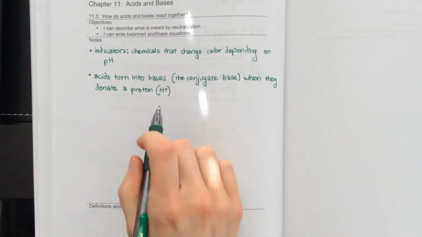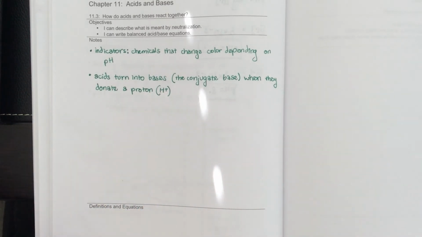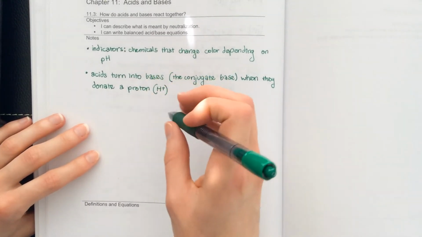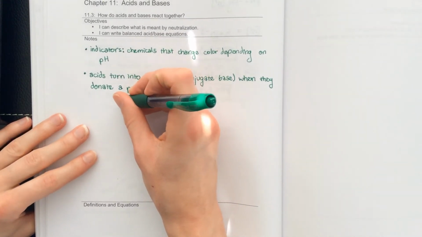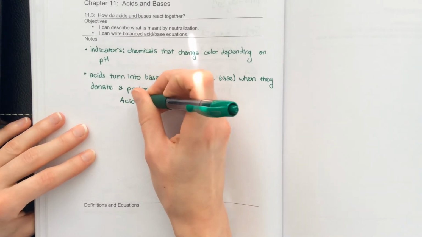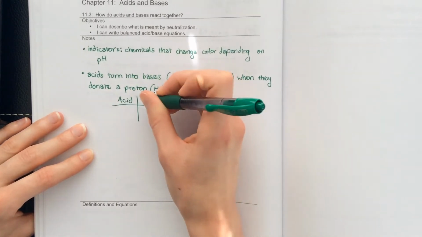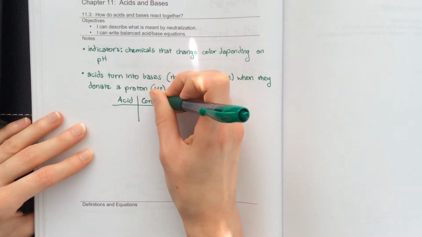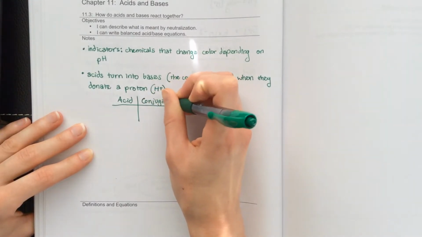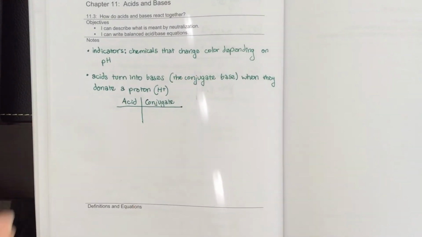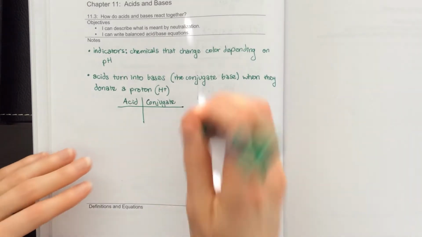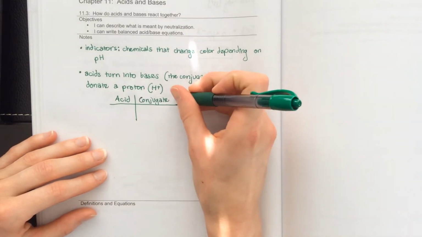So when it loses the electron, it's just a proton. We're going to make a list of some acids and their conjugate bases. Here's some acids, and then these are the bases they turn into when they lose the hydrogen ion. That's what acids do. They just give away their hydrogen ion when they react.